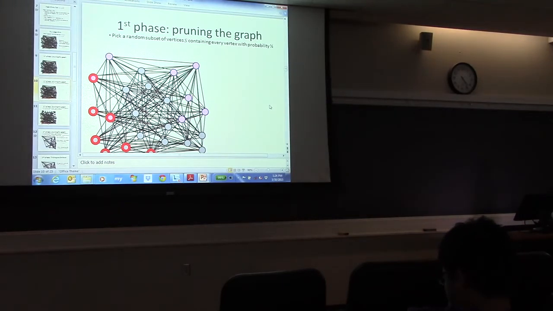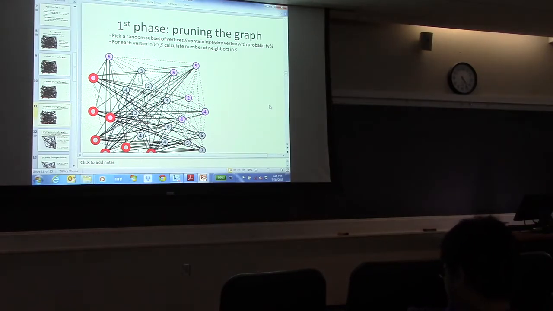Now, what we do, we pick a random subset of the vertices which contains every vertex with probability a quarter. These are the red nodes, and for the remaining 3 quarters we record what the degrees are, but just the degrees in the red part.